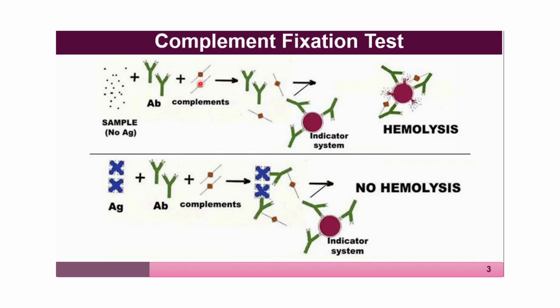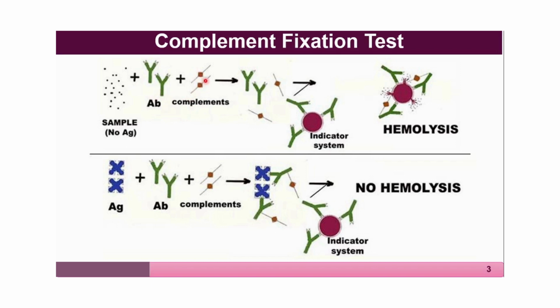If the serum sample to be tested for the antigen does not contain the antigen, the antibodies that you added corresponding to that antigen will not be bound, they will be free.